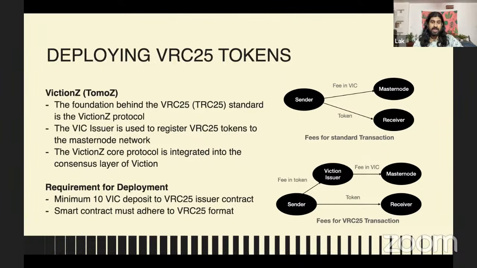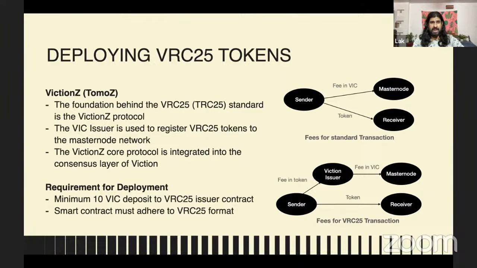If you don't want the sender to pay any transaction fees, the Viction issuer will pay all those fees, but it's up to you as the project owner to facilitate that. So 10 VIC as a minimum, and then as that contract depletes that VIC, you need to top that up. Okay.